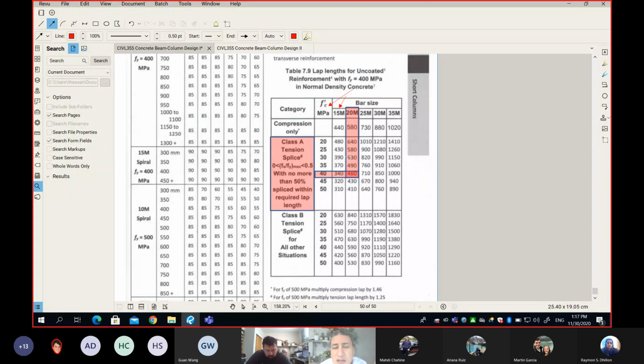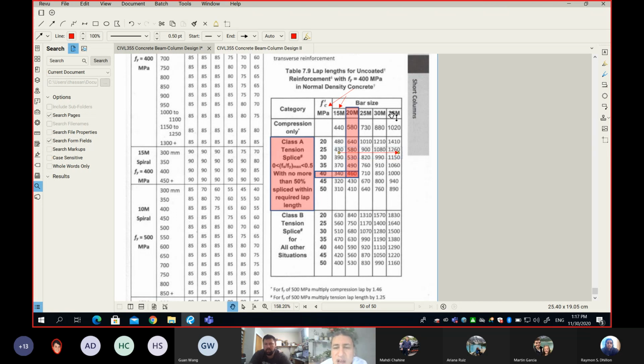Number two is the bar diameter. So when the bar gets larger, then we need more overlap. Watch this, please. I'm going to take only one example. Let's say 25 MPa. If you have 25 MPa and 15 M, I need 430 mm. And if I increase my diameter going this way, guess what?